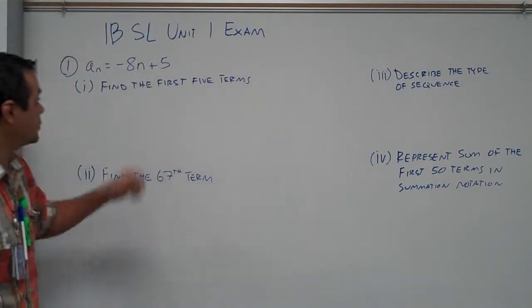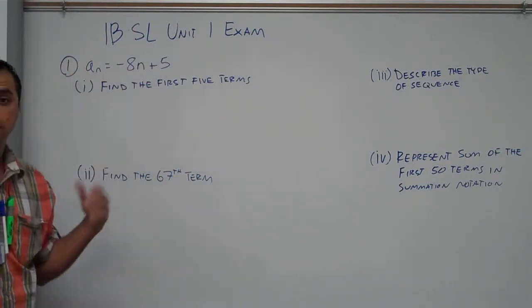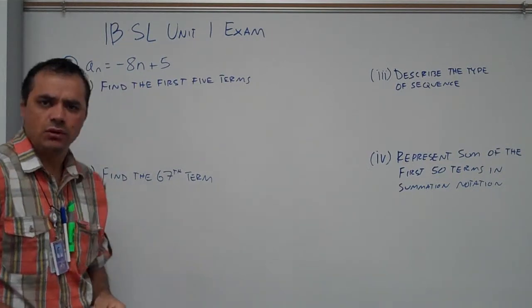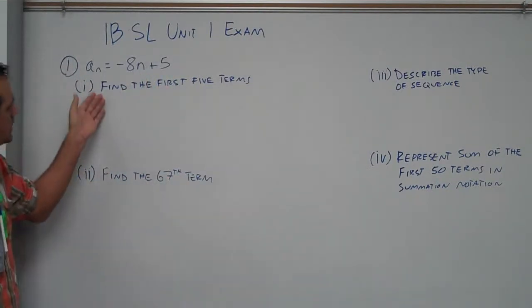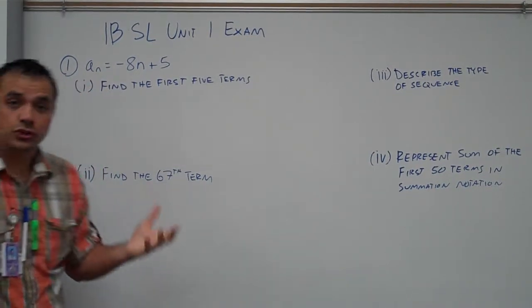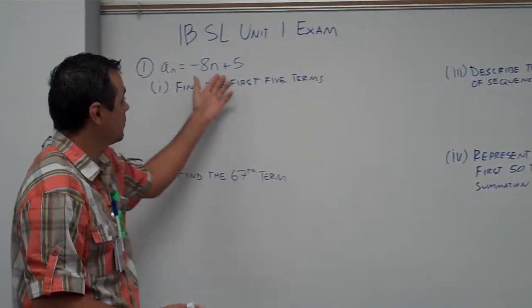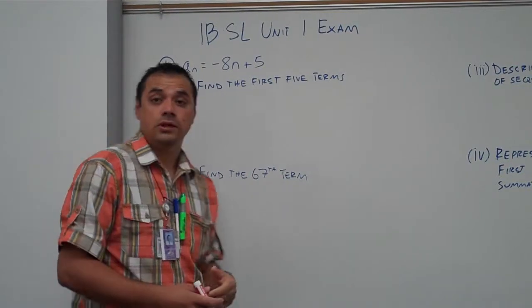The very first problem in your exam was they give you the following sequence or equation, and then they want you to find the first 5 terms. To find the first 5 terms, for the first term, we take n and replace it with 1. Once you have the first term, you can keep using the formula, or you can use the common difference.